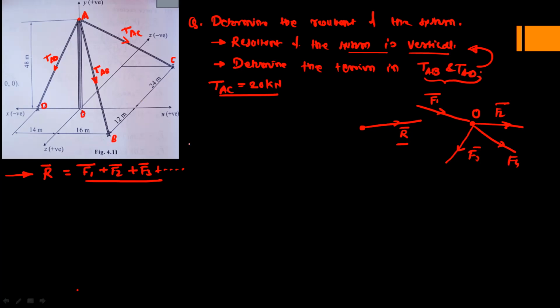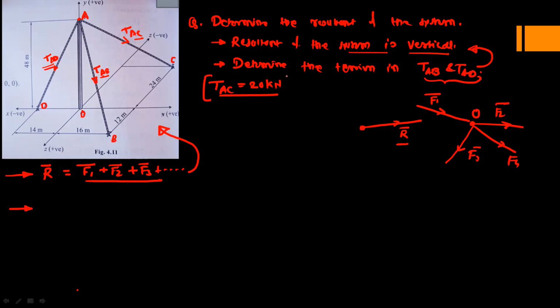So here we have to use the same concept to find out the resultant of the given system. In the given system, there are three forces: tension AD, tension AB, and tension AC. So first we will find out the vector form for tension AD, tension AB, and tension AC.